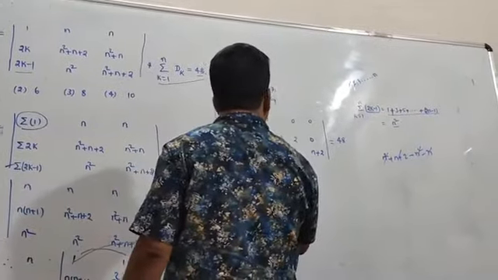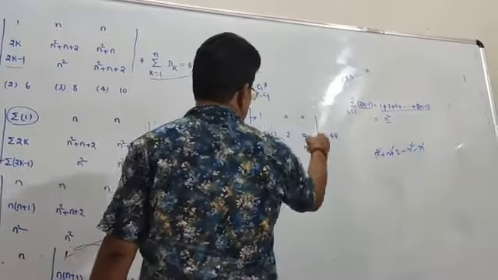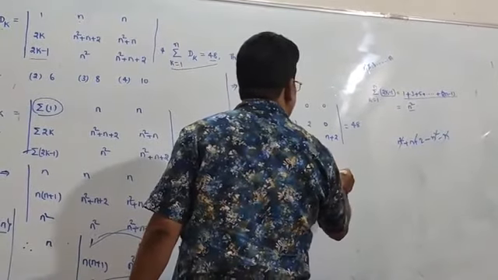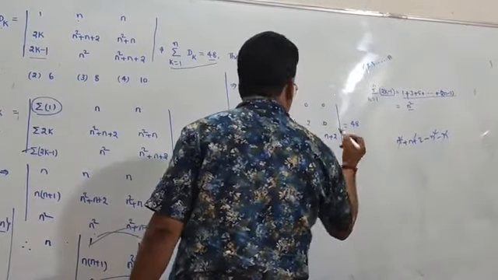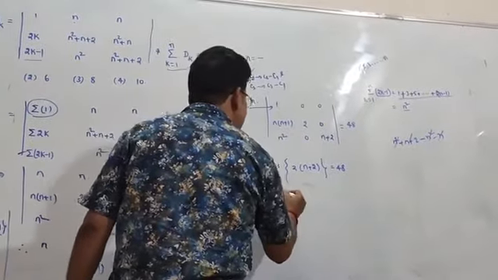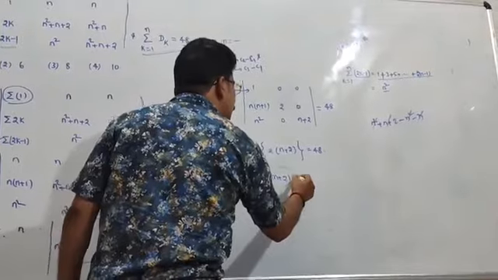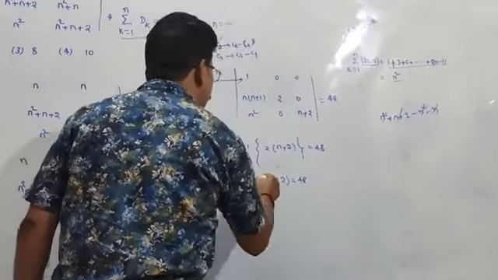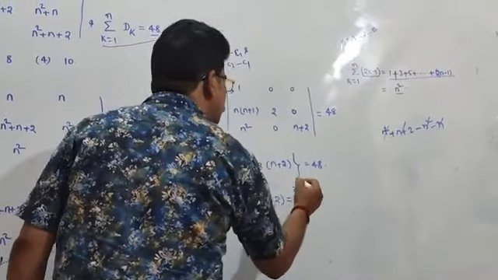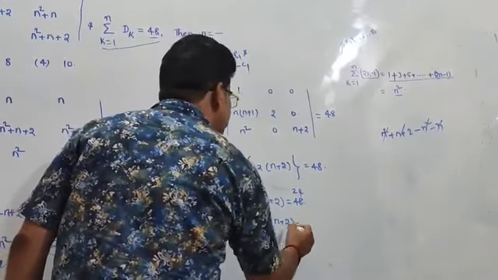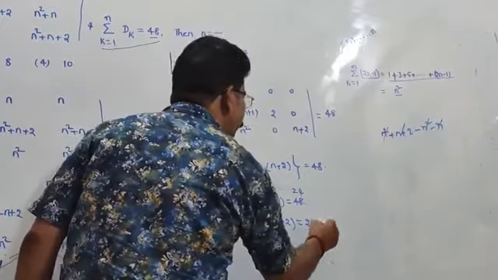So 1 into (2 into n plus 2) is equal to 48. This implies 2 into n plus 2 is equal to 48. Therefore n into n plus 2 is equal to 24.